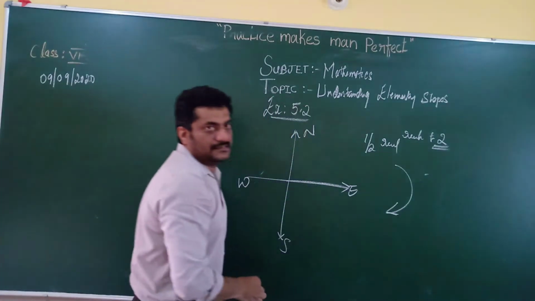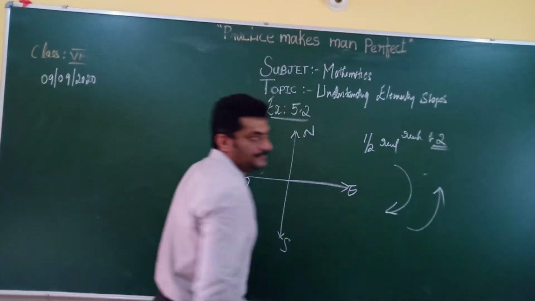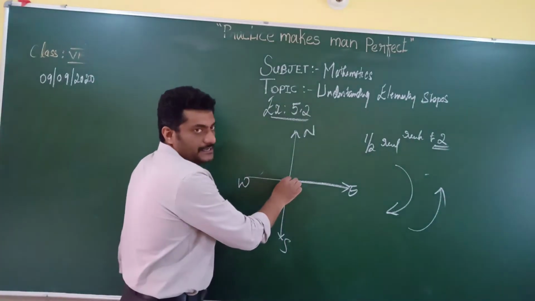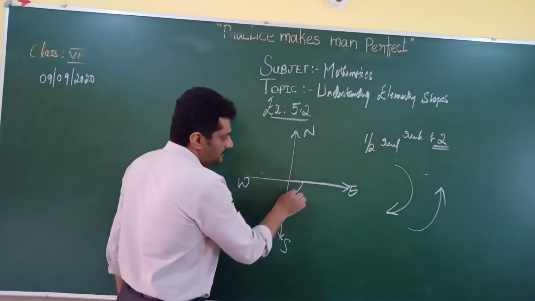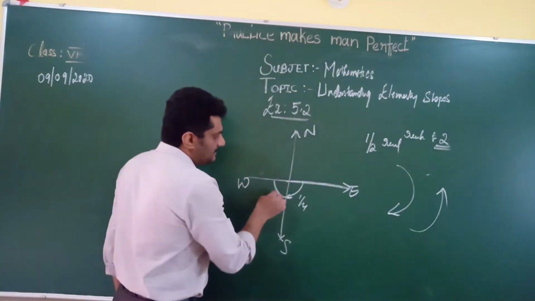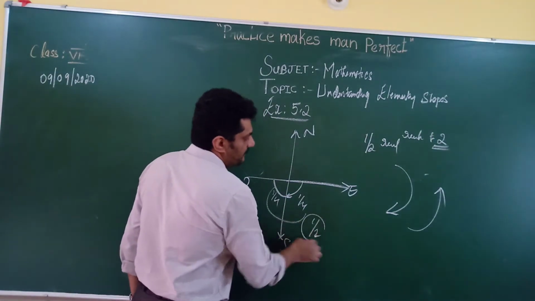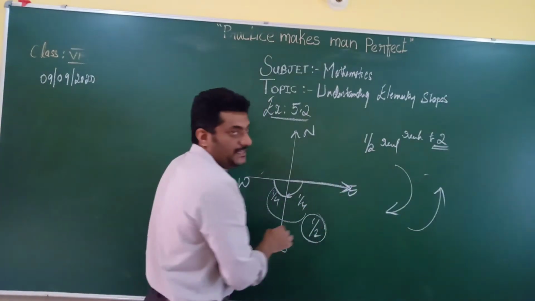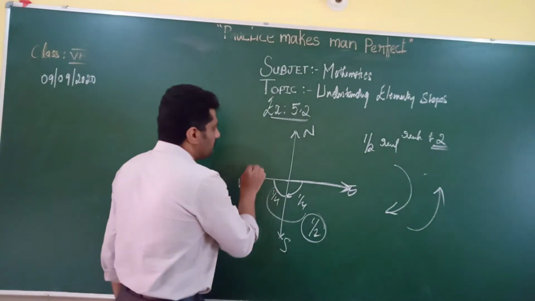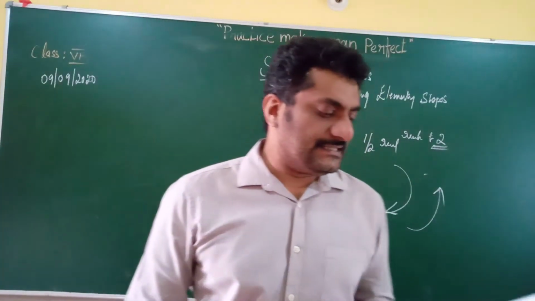Clockwise is this. Anti-clockwise is the reverse. Now from here you start. This is 1/4, and this is another 1/4, which makes half a revolution. So if you start from east, after half a revolution you will come to west. This is what you have to do in the third one.